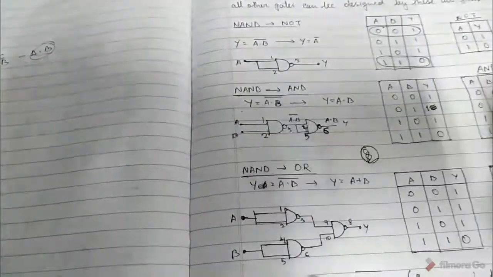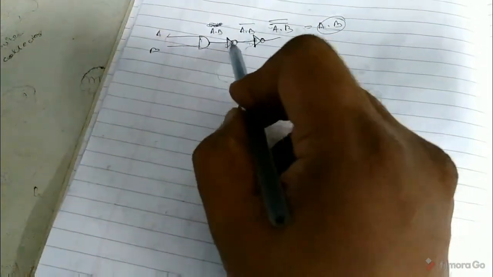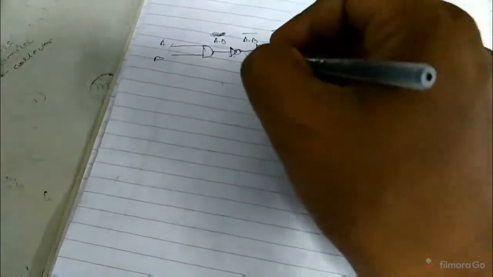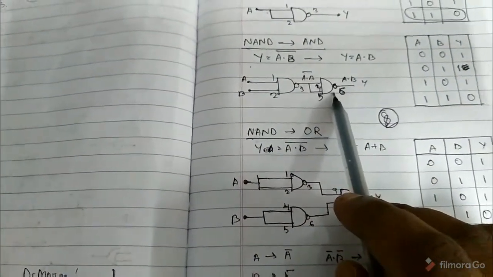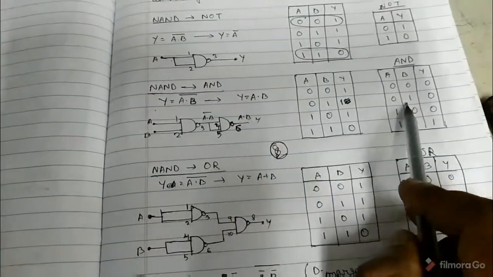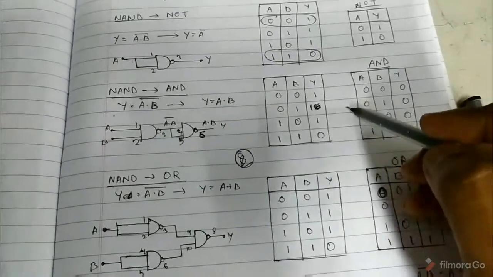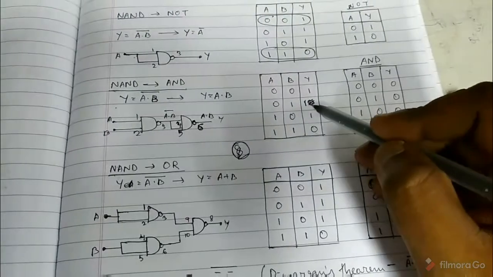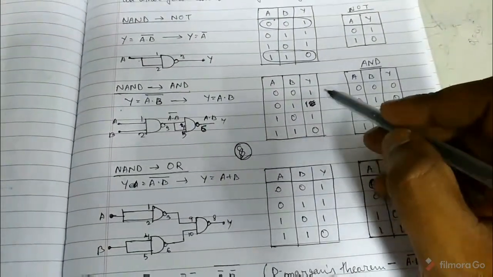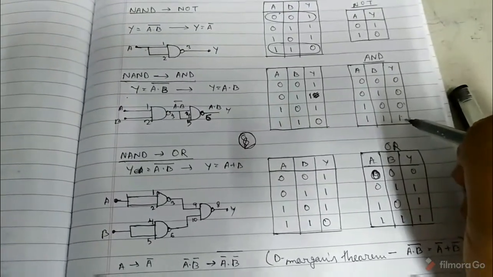The same logic has been applied here: one NAND gate, and after that another NAND gate used as a NOT gate. So we are getting the logic of the AND gate. In the truth table, see the output is exactly the complement of the NAND gate. These are 0, and only for 1 1 it is 1.